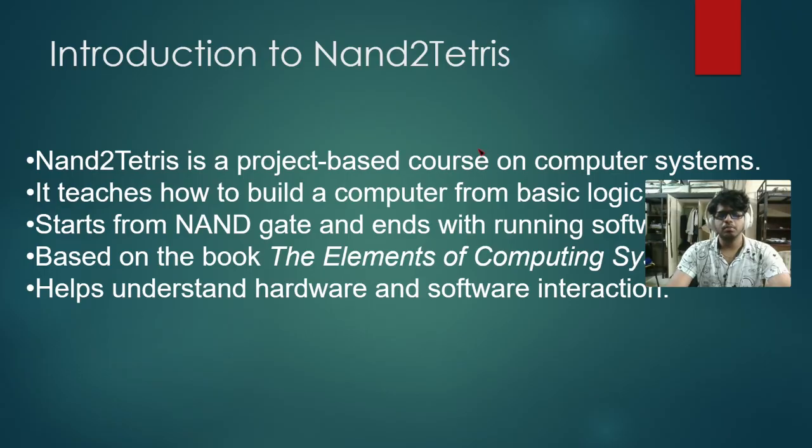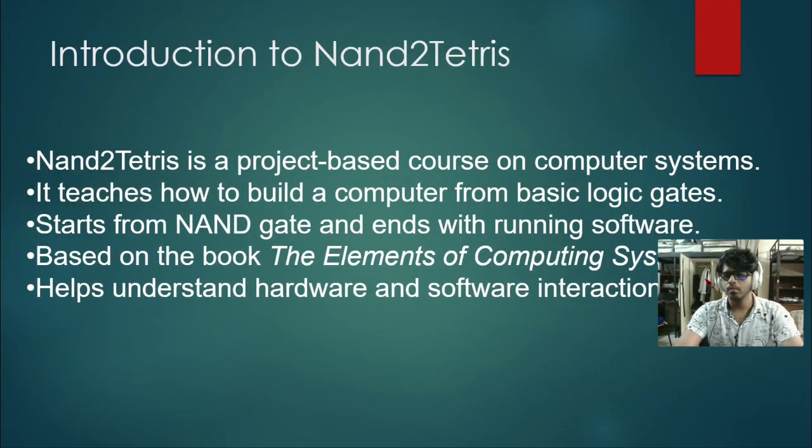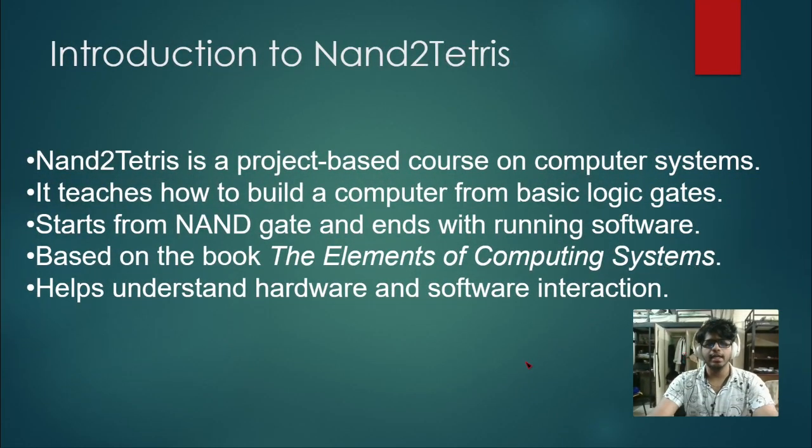NAND2TETRIS is a project-based learning course developed to teach computer systems from the ground up. Instead of directly studying advanced processors, we start with the simplest unit, which is the NAND gate.